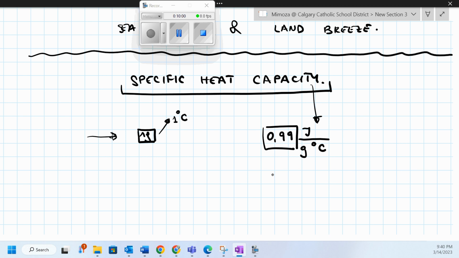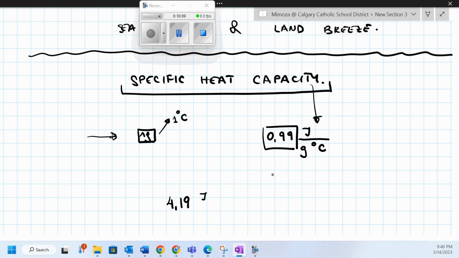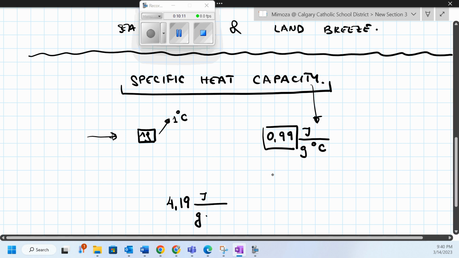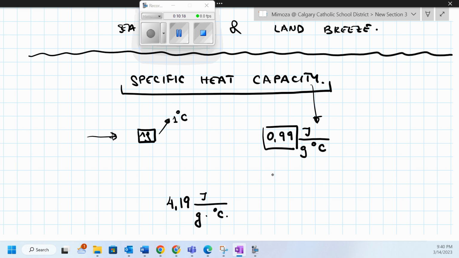When we compare those numbers, let's say the specific heat capacity of water is 4.19 joules per gram degree Celsius, meaning it needs 4.19 joules of heat to increase the temperature of water by 1 degree, and the amount is only 1 gram.